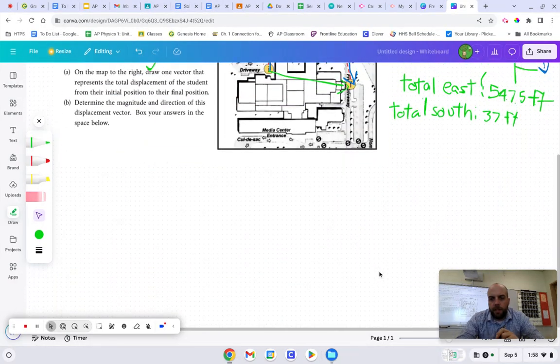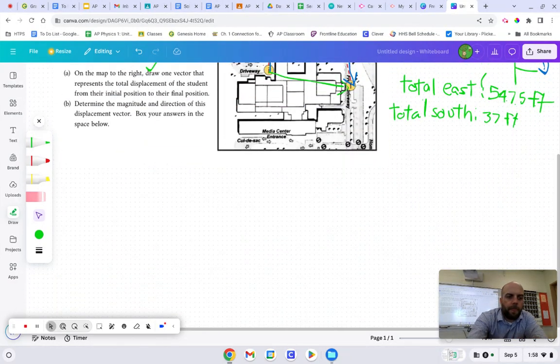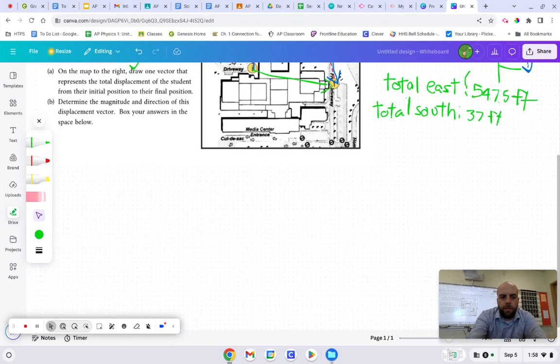So if I scroll down a bit, I can now look at this vector and say, okay, overall, this must be 547.5 feet to the east and 37 feet south.